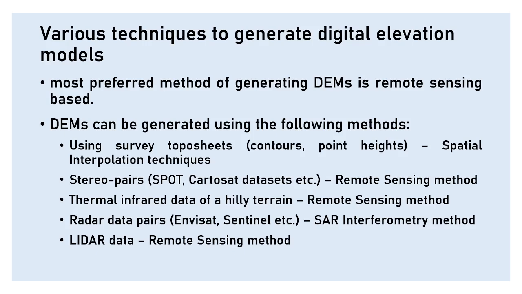This is a remote sensing method. Then we have the thermal infrared data of a hilly terrain, which is also a remote sensing method. Then we have radar data pairs. Basically, apart from the topo sheet, we use a lot of satellite methods, different remote sensing methods, to generate the digital elevation models.